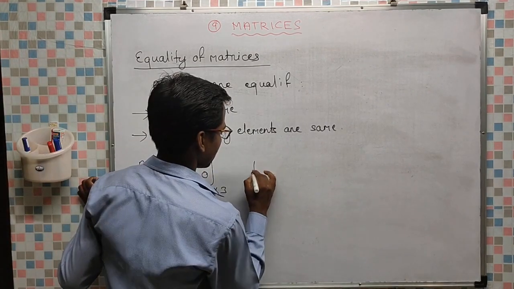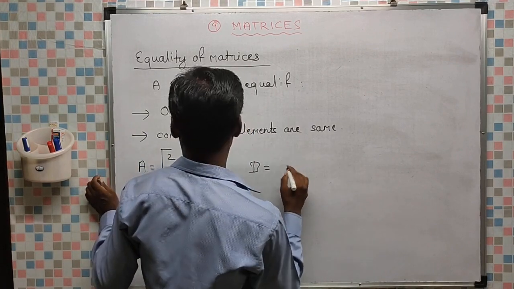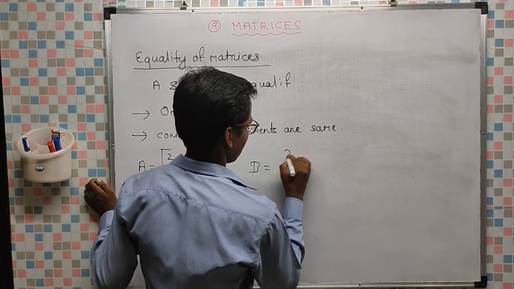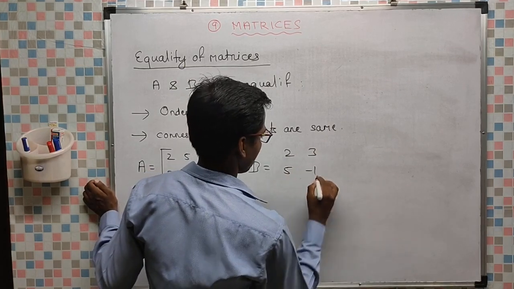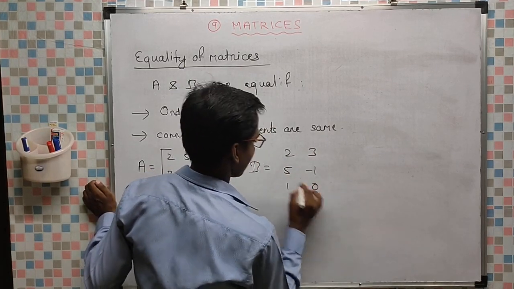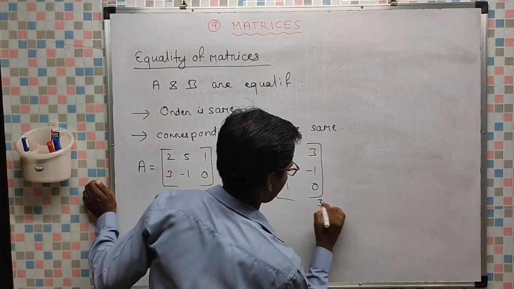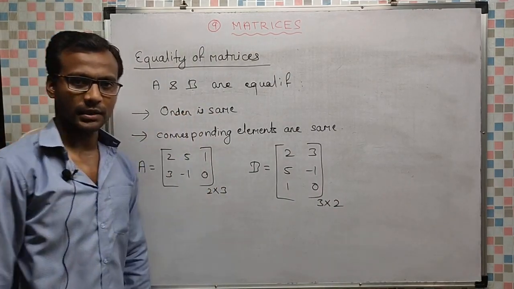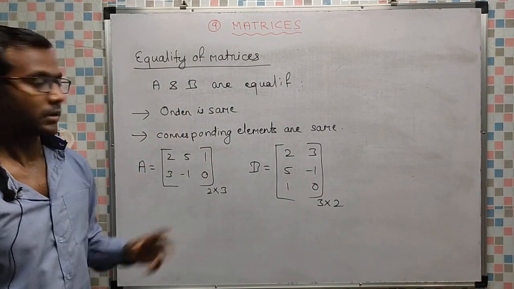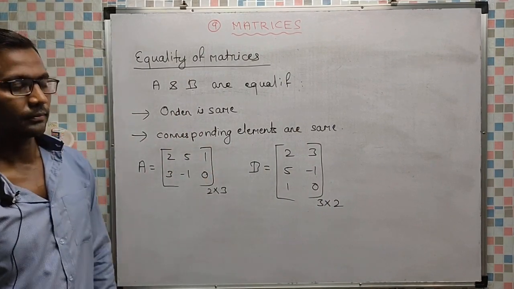There is another matrix B which is 2, 3, 5, minus 1, 1, 0. Its order is 3 by 2. Now you look at the conditions. Okay. Look at the two conditions and decide whether these two matrices are equal.